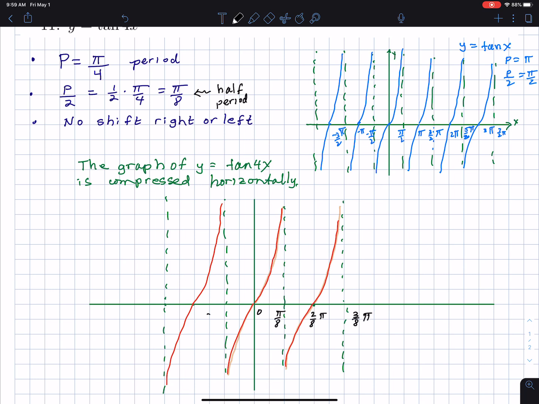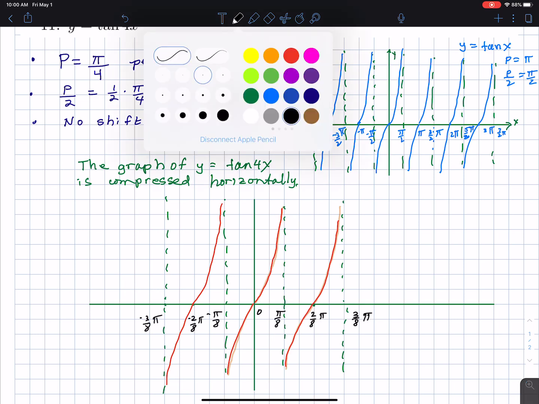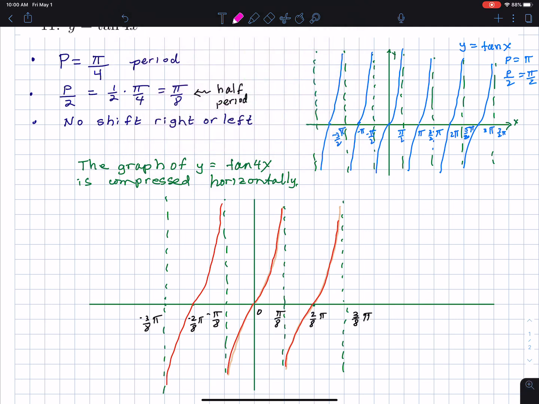Going the opposite way, negative pi over 8, negative 2 eighths pi, negative 3 eighths pi. It just bugs me to have it not reduced, so I'm going to reduce those fractions, but I'm keeping it in terms of eighths at first because that's easy to count. And it just goes on and on and on.